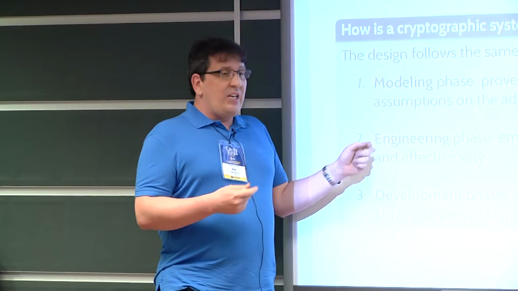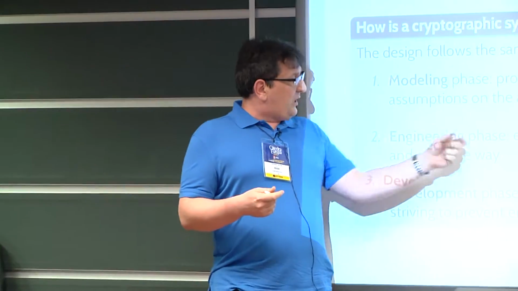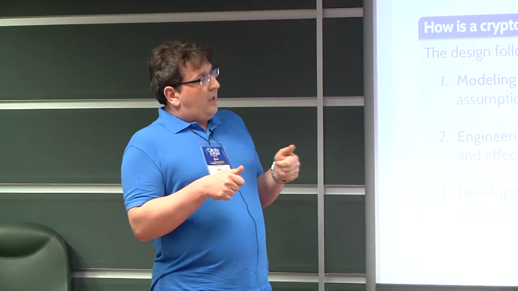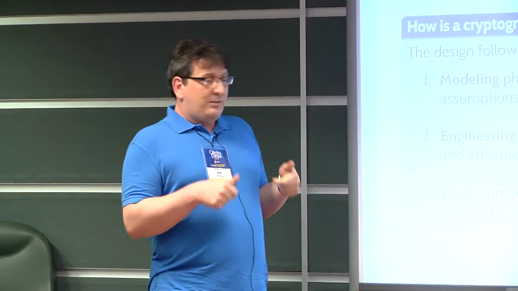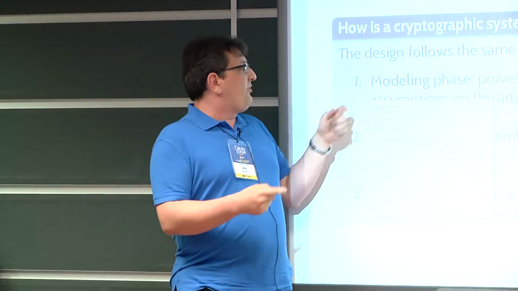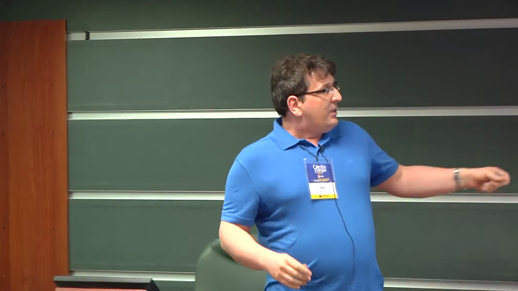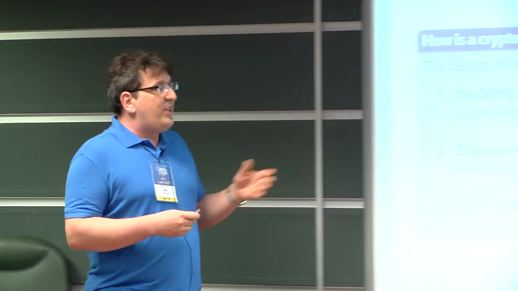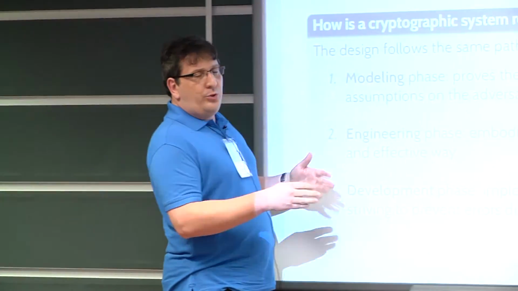So the outcome of the engineering phase is an optimized and faithful implementation of the outcome of the modeling phase. The development phase means to implement the engineering design and tools, striving to prevent errors during this realization.